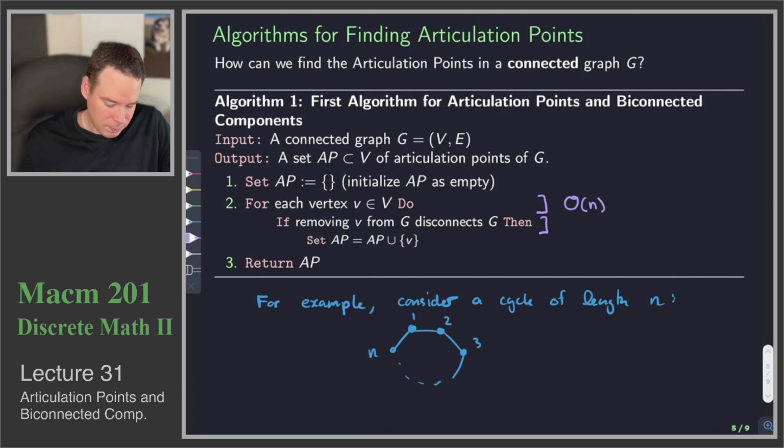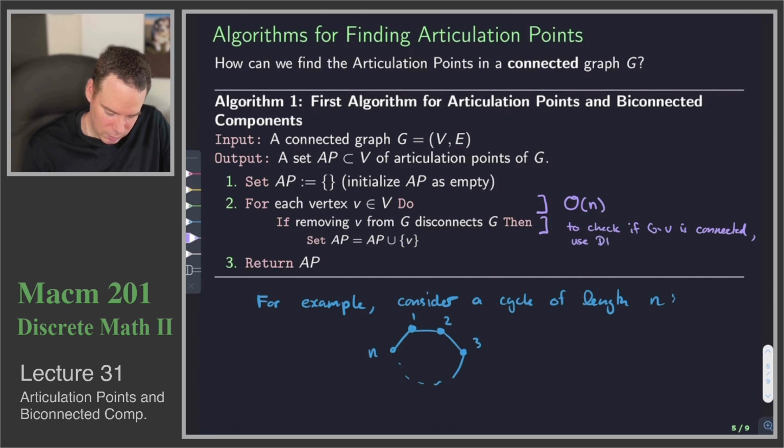So what does it cost to check whether a graph is connected or not? Well, to check if G take away v is connected, we can use the depth first search algorithm.